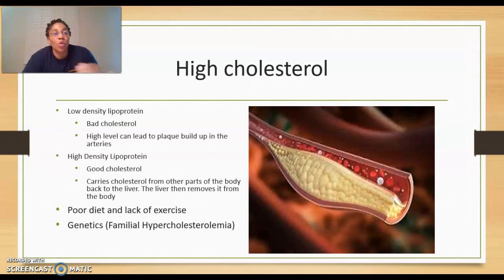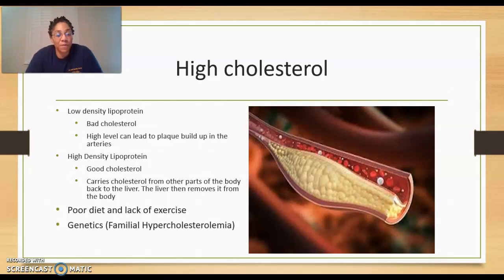So move on. Now that we know what cholesterol is and how it's synthesized in the body, we'll look at high cholesterol. You have your low density lipoproteins, which is considered your bad cholesterol. High levels can lead to plaque buildup, like right here in the arteries. Then you have your high density lipoproteins. That's considered your good cholesterol because it carries cholesterol from other parts of the body back to the liver.